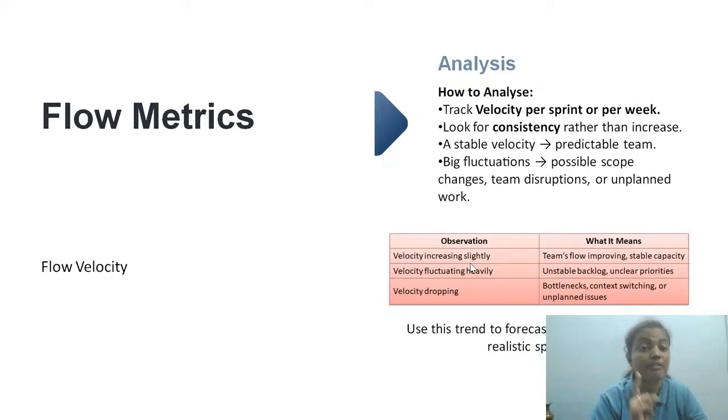That's what velocity means here, because we are also talking about Kanban, which doesn't follow sprint cycles. Look for consistency rather than increase. Stable velocity shows that the team is predictable. If you have too many fluctuations, it's alarming because it can be due to different reasons. Please get into the root cause and identify what the problem is.